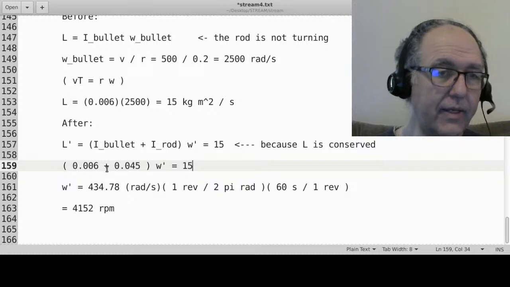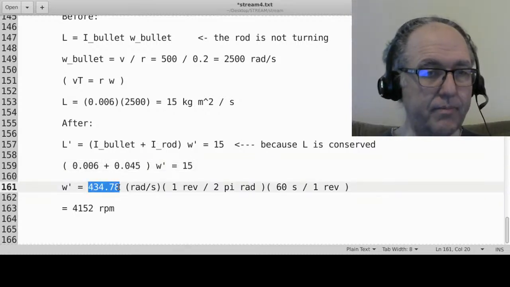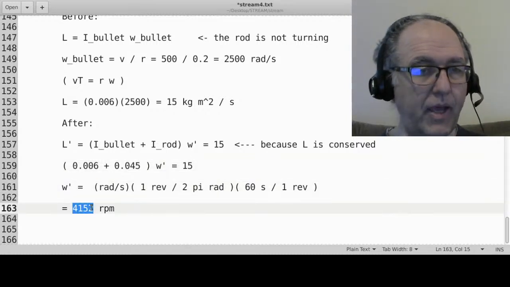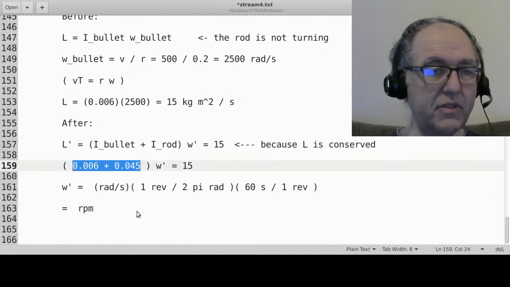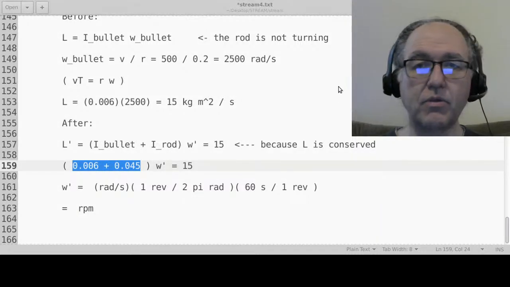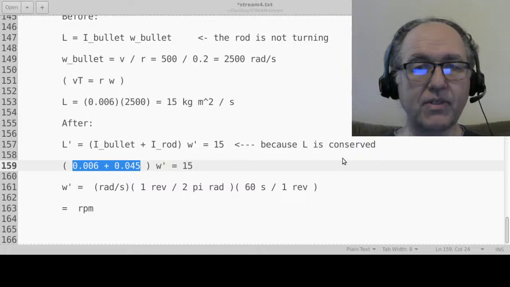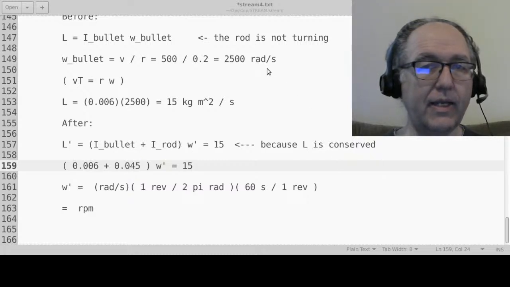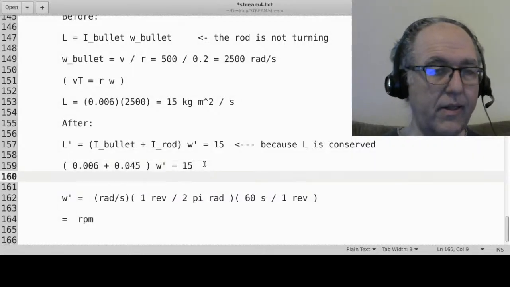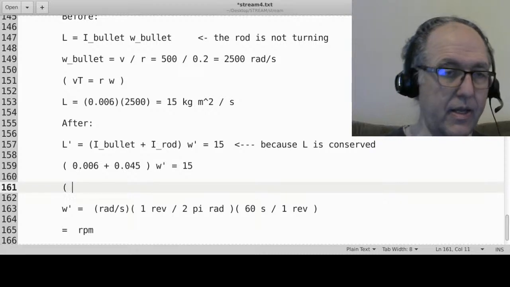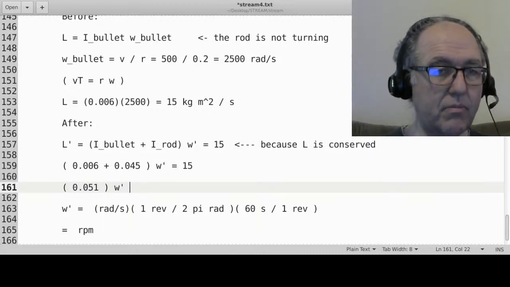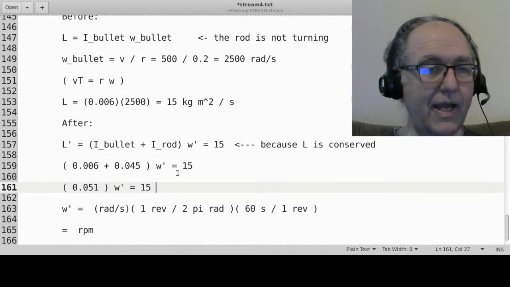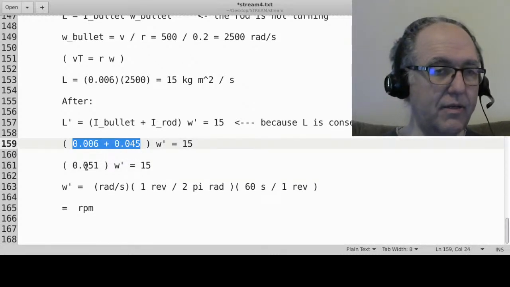Now, this is obviously wrong, because I'm using the wrong numbers. But let me add those numbers together first. We'll do it one step at a time so we don't make a mistake. I get this multiplied by omega prime is equal to 15. I just added those two together.